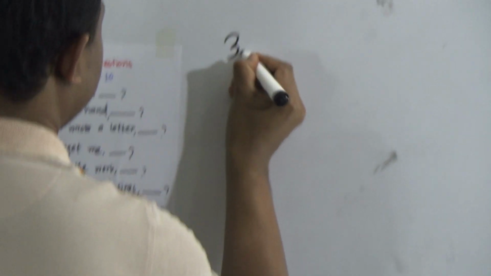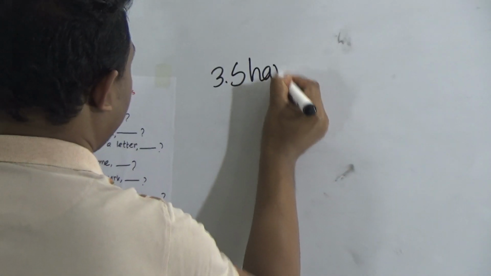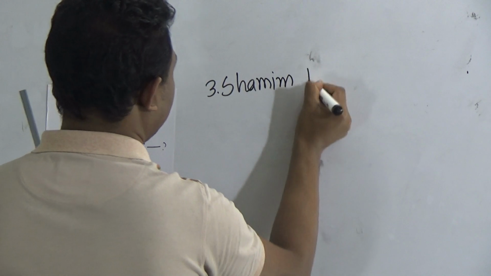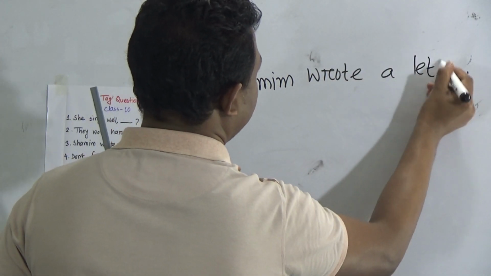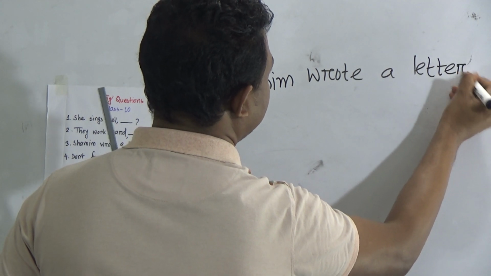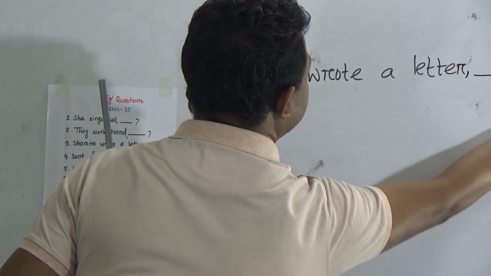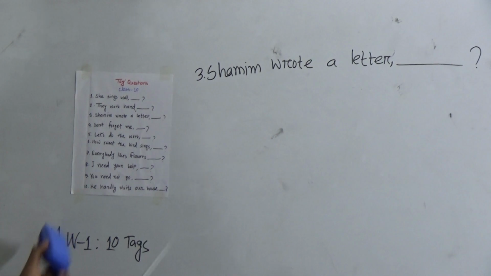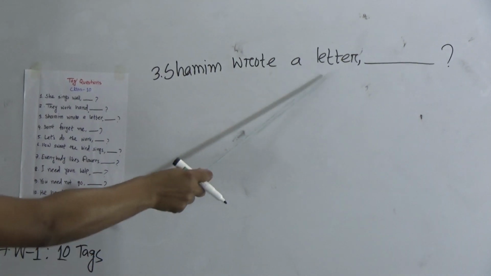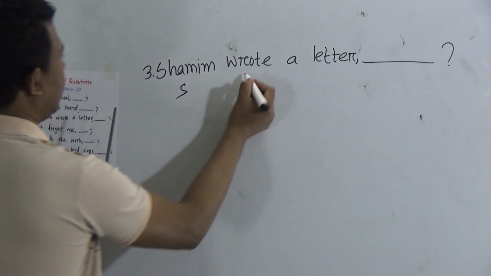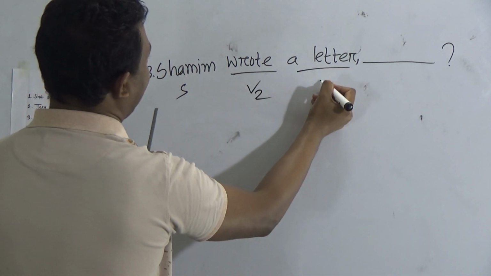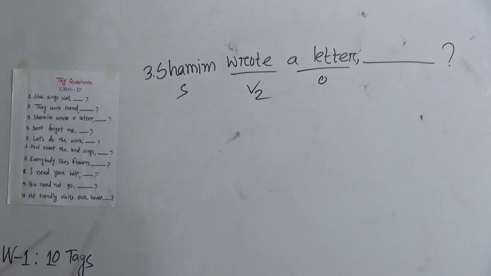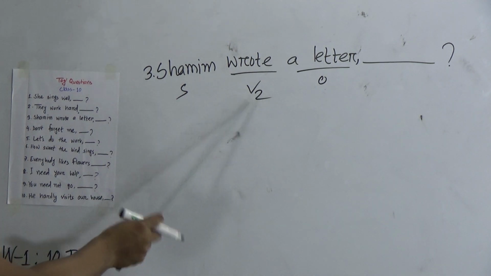Shamim wrote a letter. Here Shamim is the subject, wrote is the verb, that means verb 2, then a letter is the object. Dear students, subject plus verb 2 plus object, that means verb's past form.